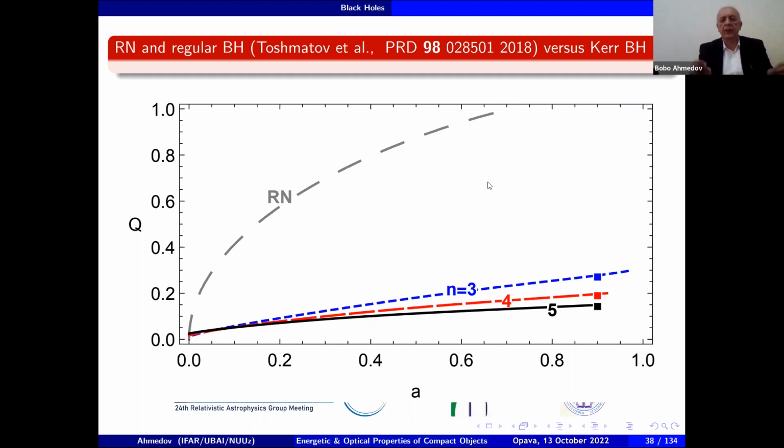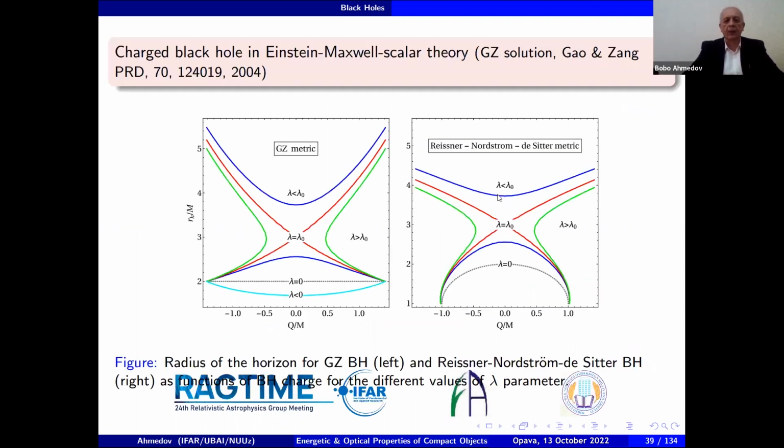And depending on the coefficients of the nonlinearity, it is possible to show that even an almost extremely rotating black hole can be mimicked by electric charge if this black hole is regular.